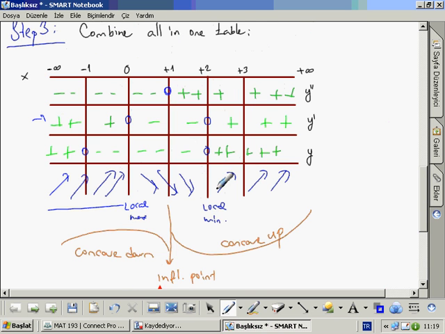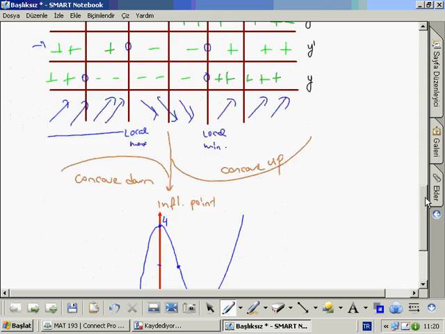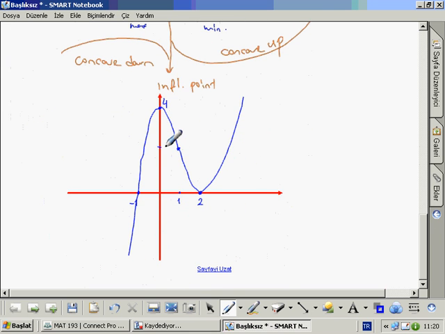When you approach 2, your function will increase again, so this will go like that. As you see, this point is the inflection point, this point is the local maximum and this point is the local minimum. This is the inflection point, and the whole graph is y equals x cubed minus 3x squared plus 4.